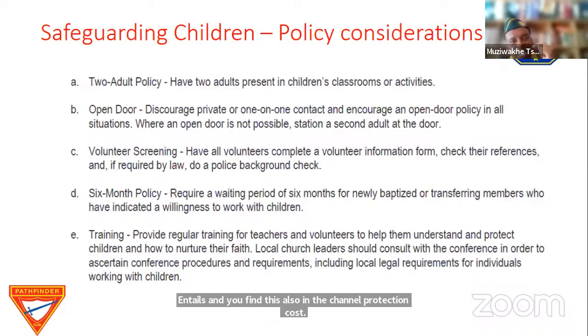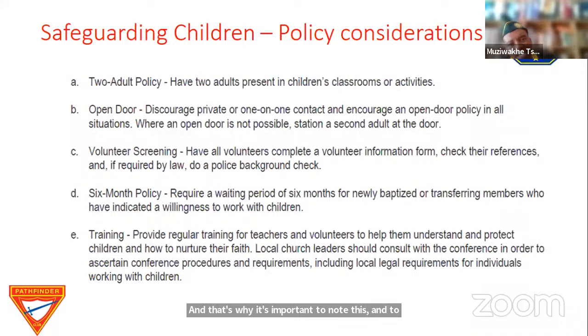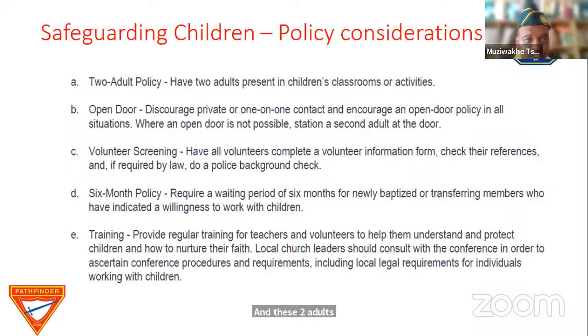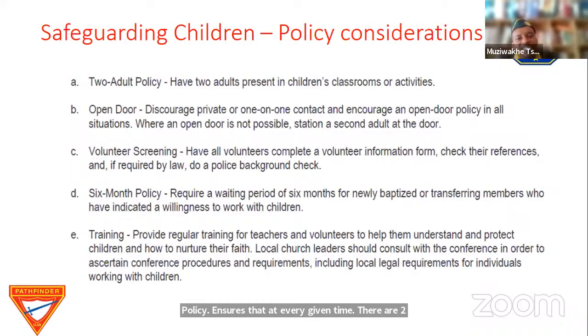We have, number one, a 2-adult policy. And this says have 2 adults present in children's classrooms or activities at all times. And this 2-adult policy ensures that at every given time, there are 2 adults who are taking care of our children, such that one will also be a witness.